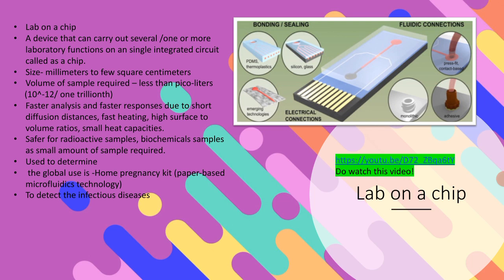If the positive reaction happens, then light will be emitted, and that can be called a positive reaction for that sample. This video shows it very neatly, so please do watch it. This is about the third type of biochip, the lab on a chip.